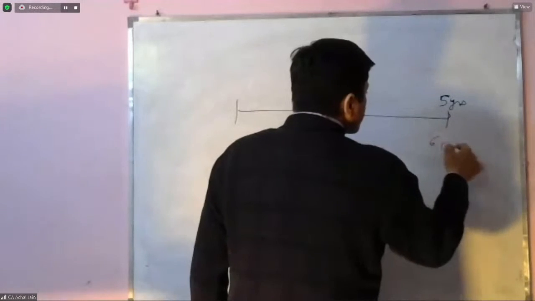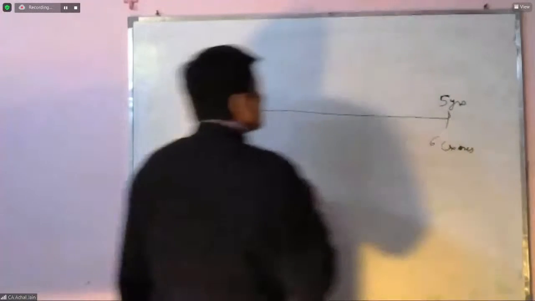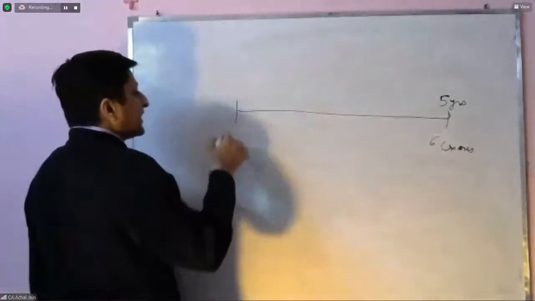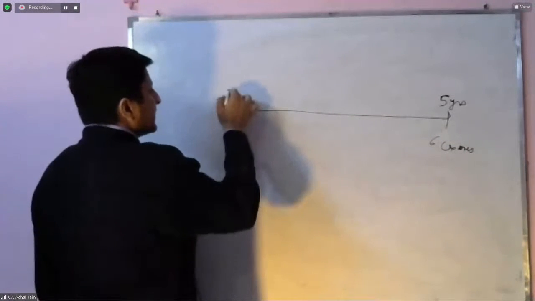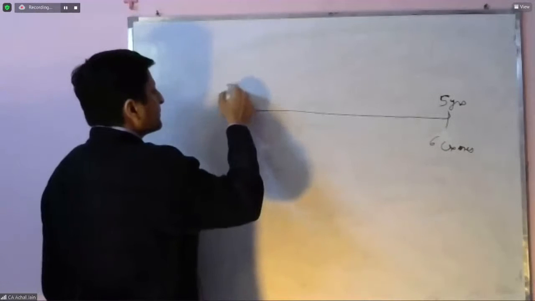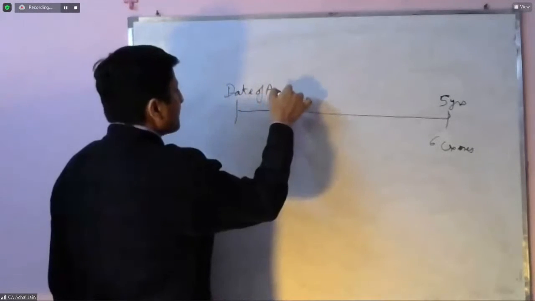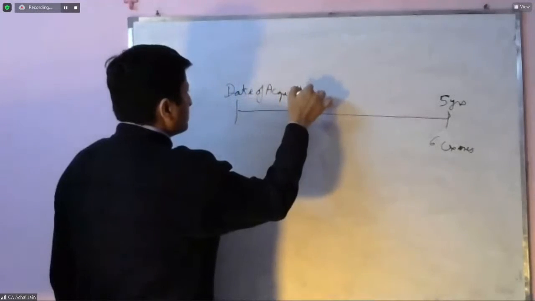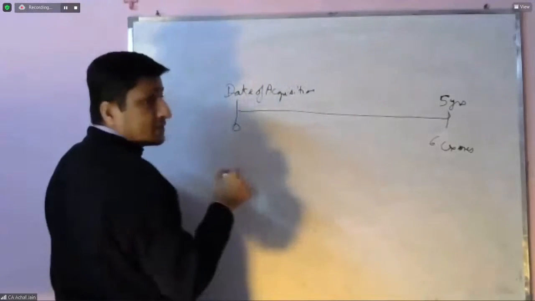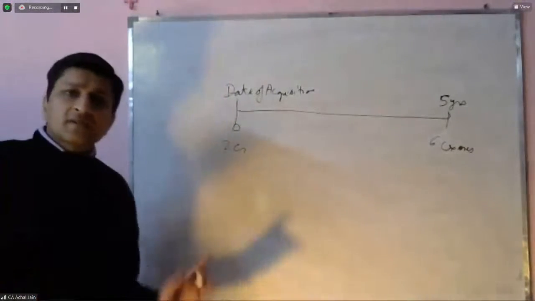This is 6 crore rupees. Another consideration which is getting paid on today's date. Okay, this is the date of acquisition. That means day 0, 2 crores. All in all, 6 crore will be paid.